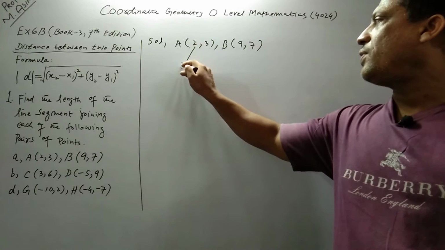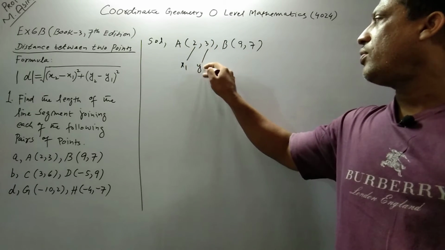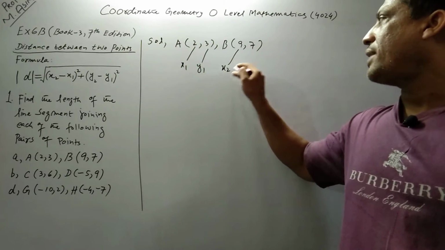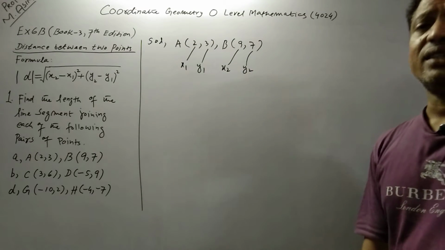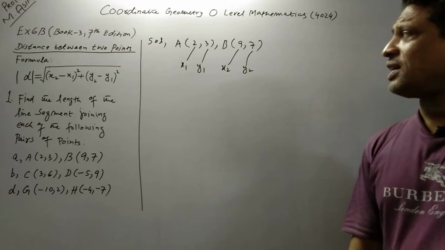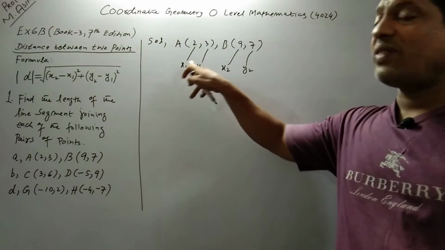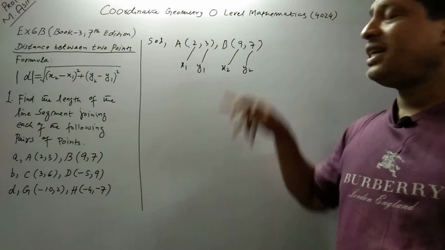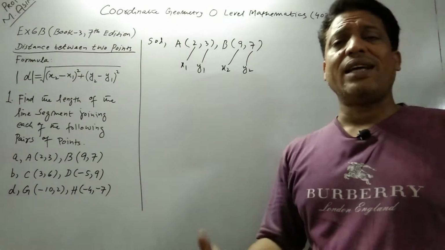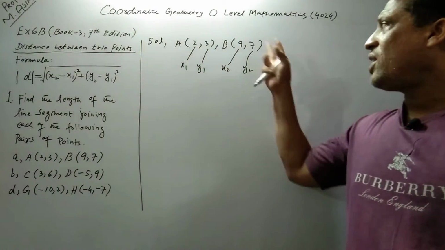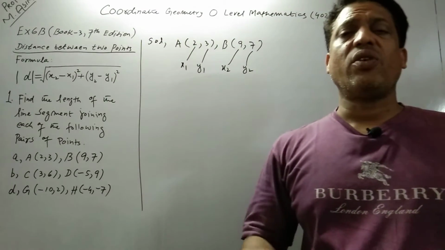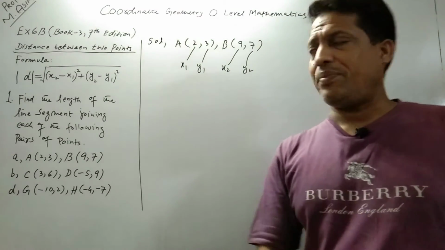You can assign this one as x1, y1, or you can assign it as x2, y2. It is not necessary that you always assign the first coordinate as x1, y1 and the second as x2, y2. You can assign the first coordinate as x2, y2 and the second as x1, y1. Your answer will remain the same.